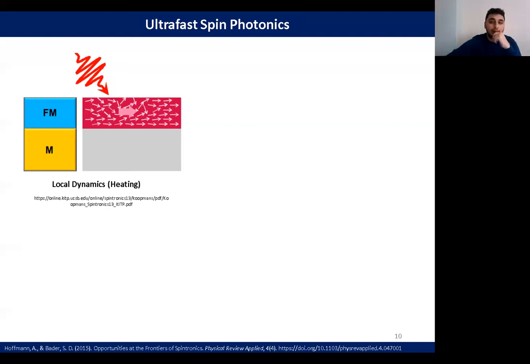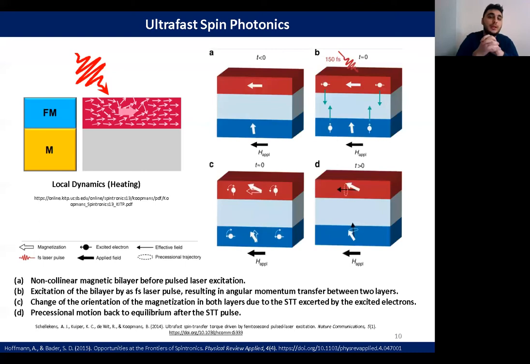Okay, let's look at the angular momentum and spin situation in more detail. In figure A, we have a non-collinear magnetic layer before pulsed laser excitation. Then, as we can see in option B, angular momentum transfer takes place between the layers after the laser pulse. And then we can say precession is observed when the excited electrons change the existing orientation with the STT, spin transfer torque.